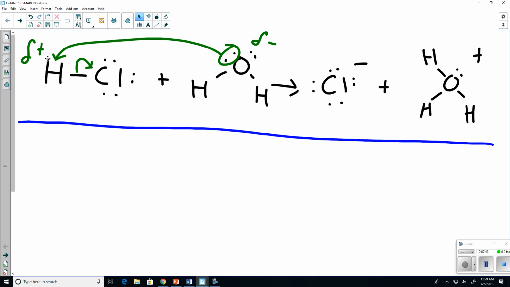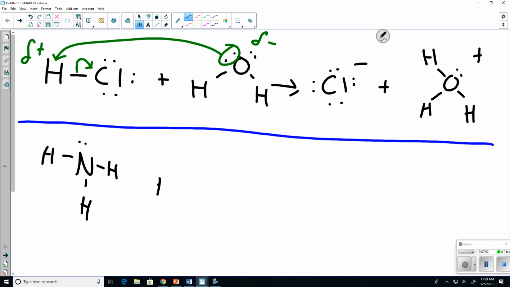Now, the base example I gave you was ammonia. Ammonia is also a polar covalent molecule. However, in this one, those electrons on the nitrogen attract the hydrogen to create a bond, which means this H-O bond gets broken.